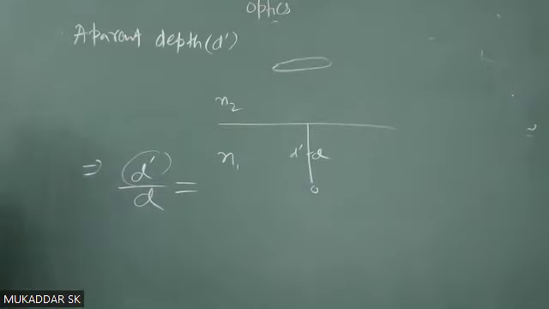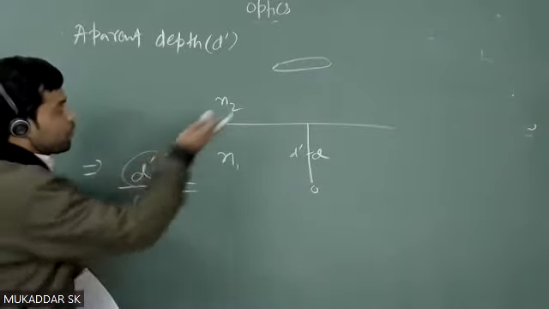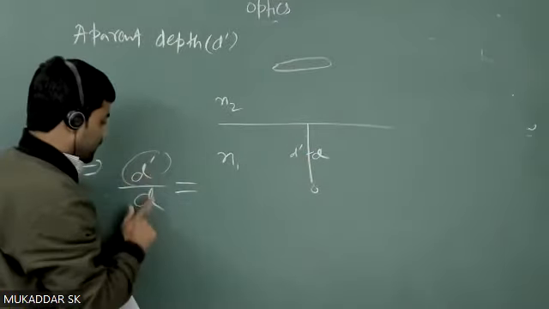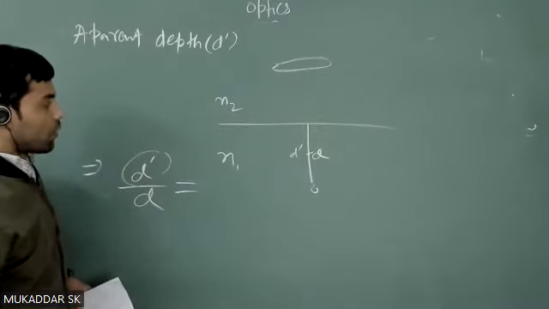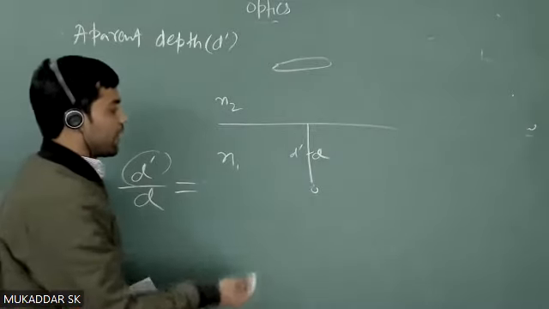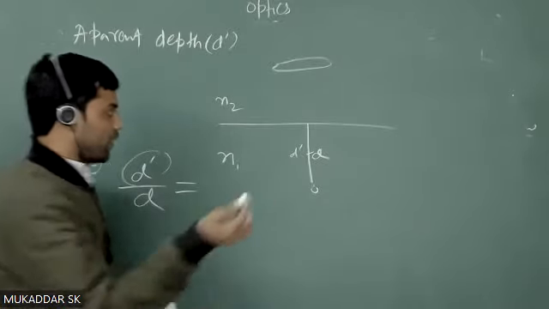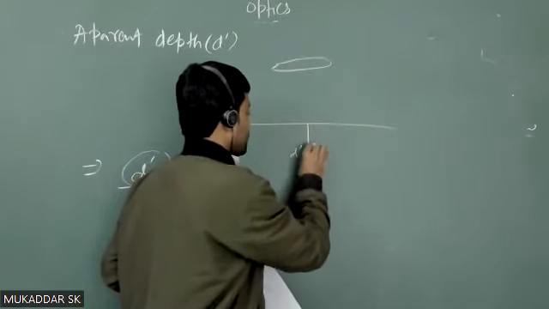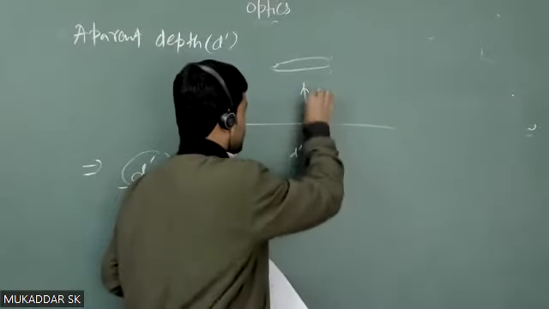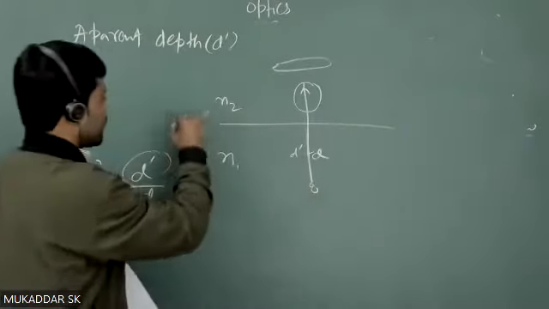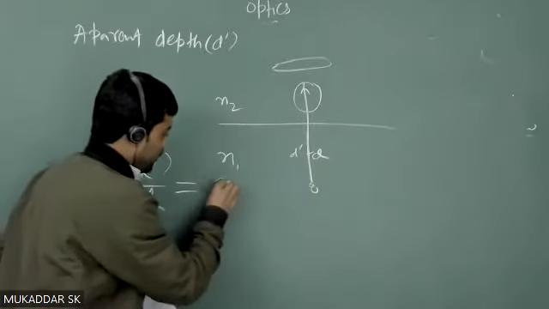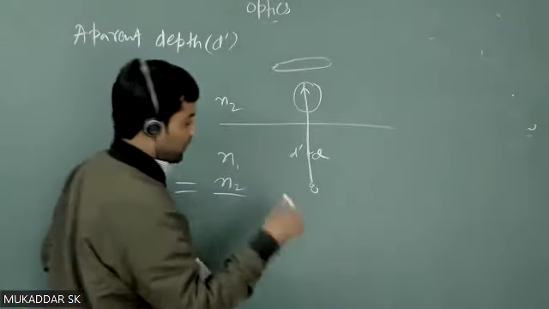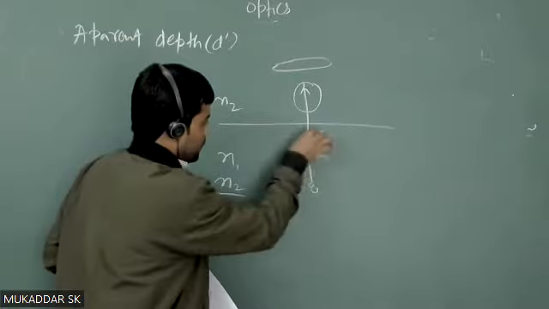N1/N2. नहीं, यहाँ पे d dash क्या है? अपरेंट डेप्थ जो आप यहाँ से ऑब्जर्व कर रहे हो, है ना? और d क्या है? इसका एक्चुअल डेप्थ है. d dash by d should be equal to refractive index of the medium जहां पे आपका रे आ रहा है, divided by refractive index of that medium जहां से आपका रे आ रहा है. तो कौन सा मीडियम से रे आ रहा है? एक्चुअली इस मीडियम से आपका रे आ रहा है.